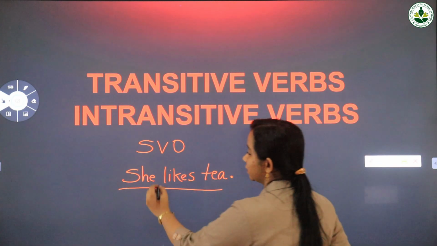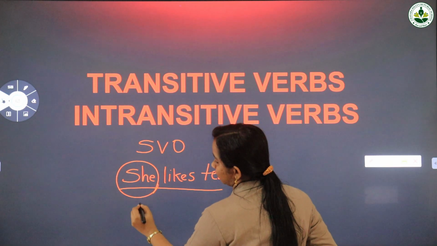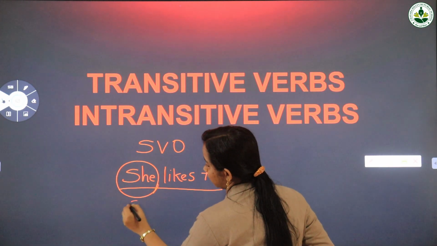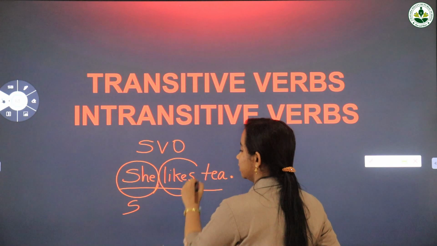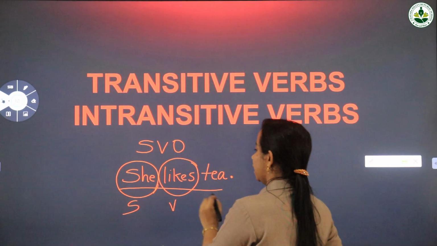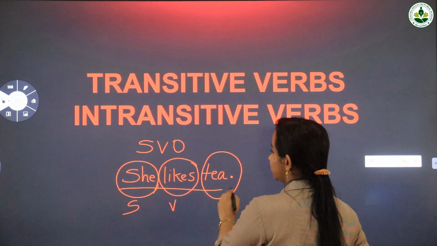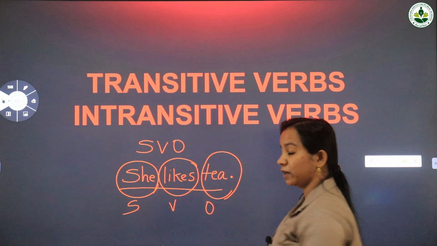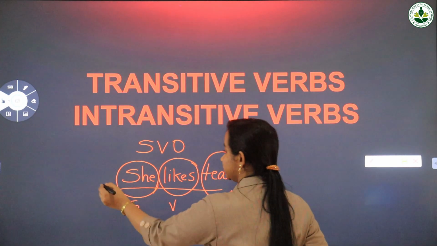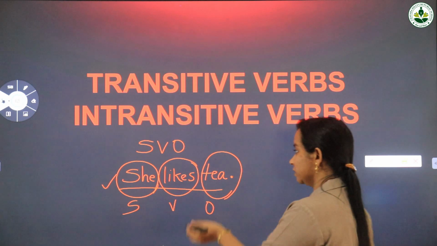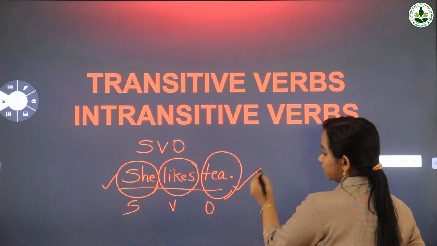So there will be a subject. So what is the subject? Here subject she. And what is the verb? Here likes is the verb. And now what is the object? Tea. So somebody who does the action is the subject and somebody who receives the action is the object.